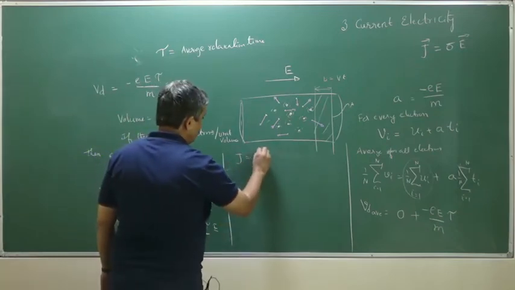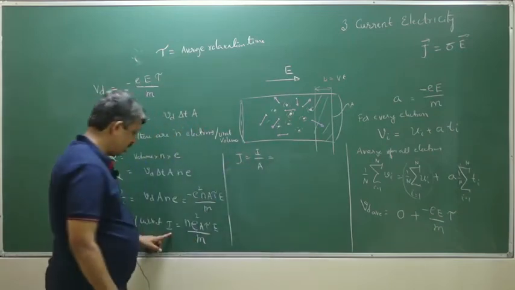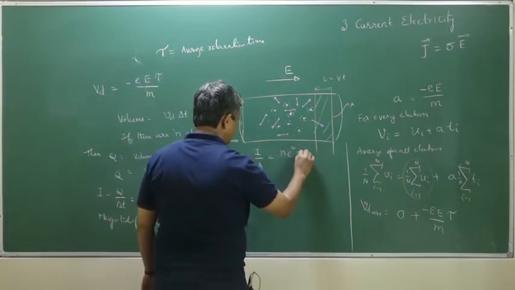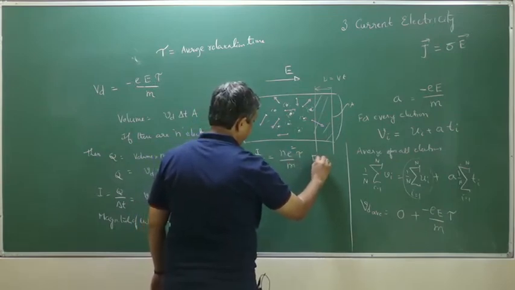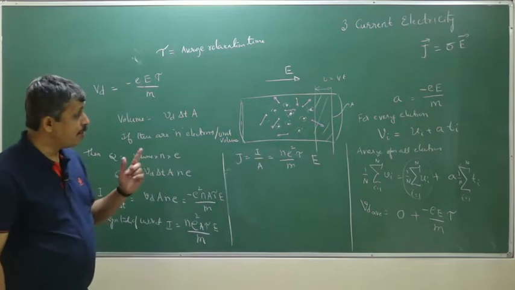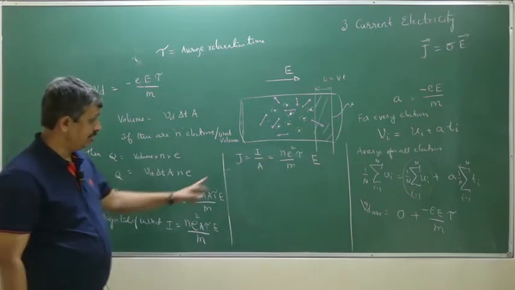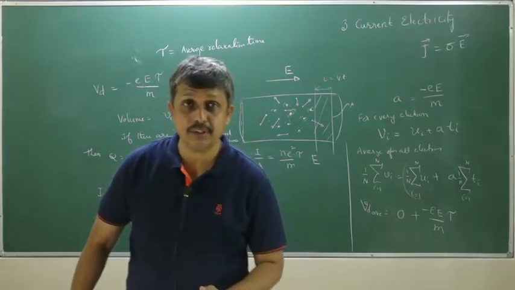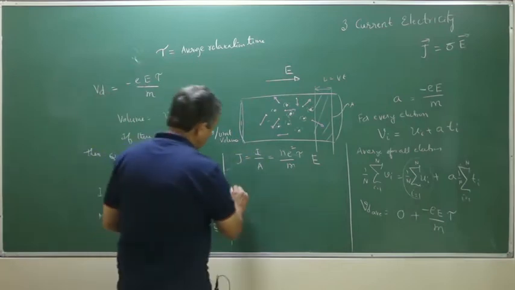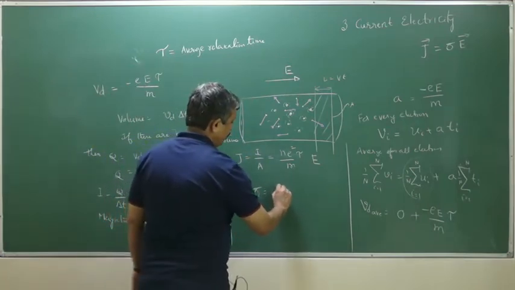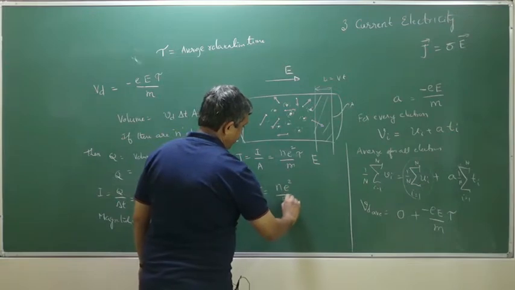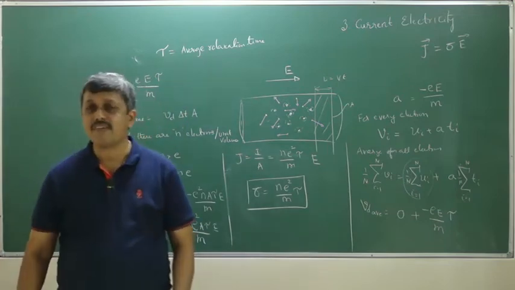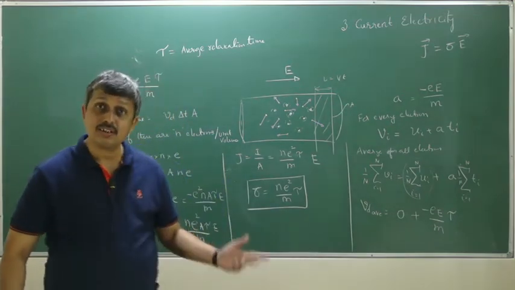J is equal to I by A, so A gets cancelled: n e square tau by M into E. This is in the form J is equal to sigma E, that is our Ohm's law. Therefore sigma is equal to n e square by M into tau. You can see how the conductivity of a conductor depends on these things.